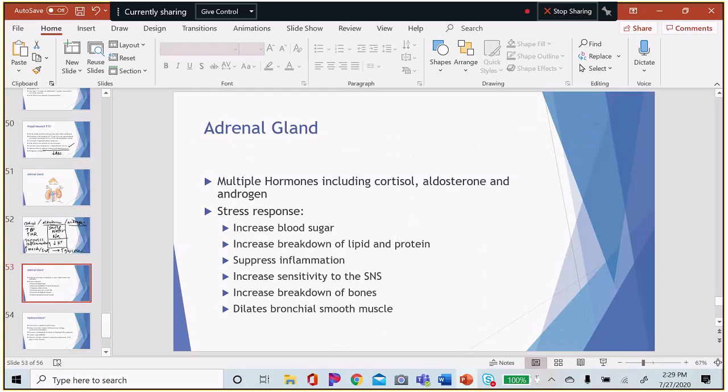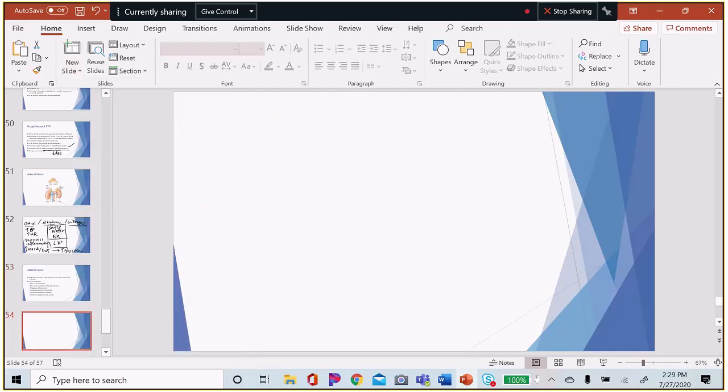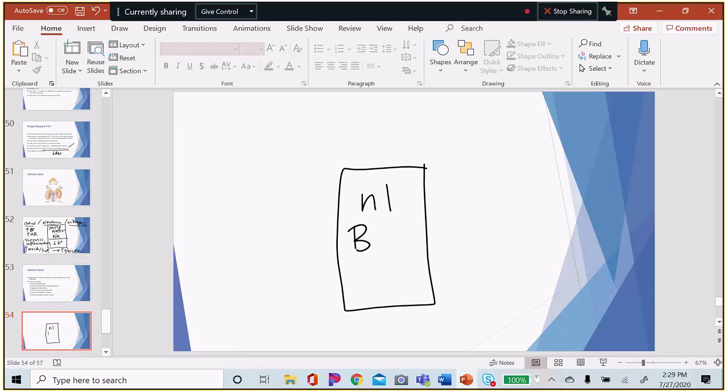So there are people that do not make enough of these hormones. And this is what we're talking about, in which we would give a medication to supplement that. So the main issue for somebody who is not secreting enough cortisol and aldosterone is that, here is the normal. So we have normal blood pressure and we are awake.